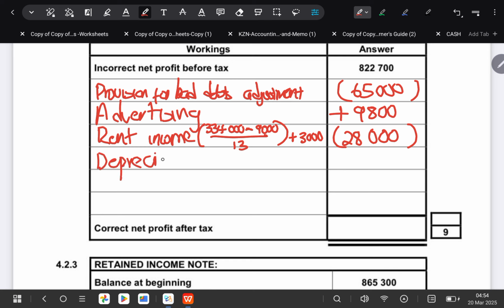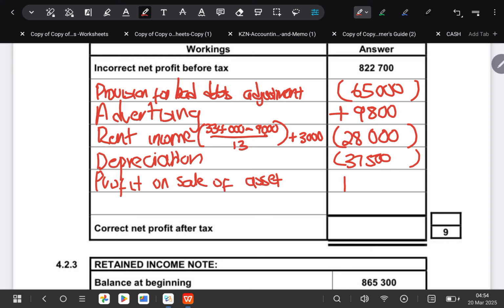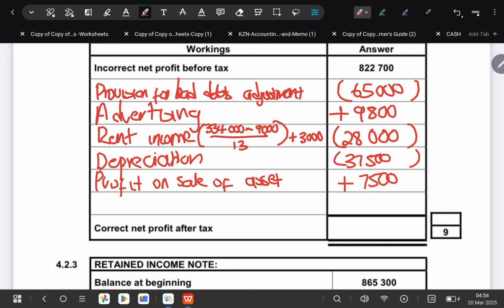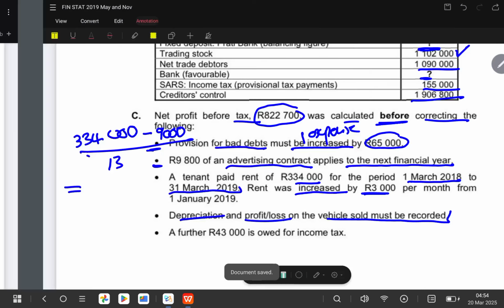So we'd have depreciation as 37,500, and then we'll also have profit on sale of asset. Okay, and then it will be plus 7.5 because they sold it at a profit of 7.5. And then the other thing that you need to remember is the next transaction.